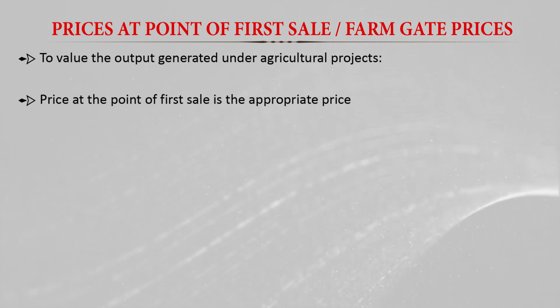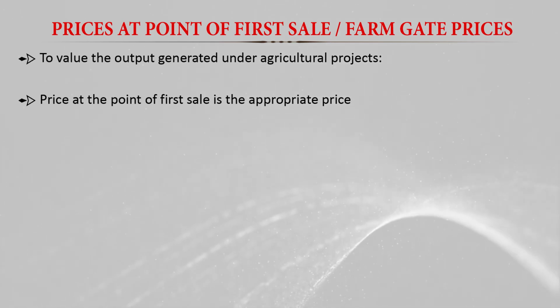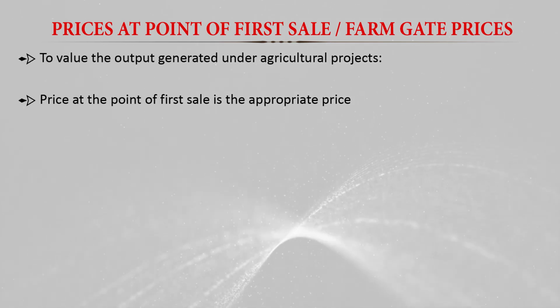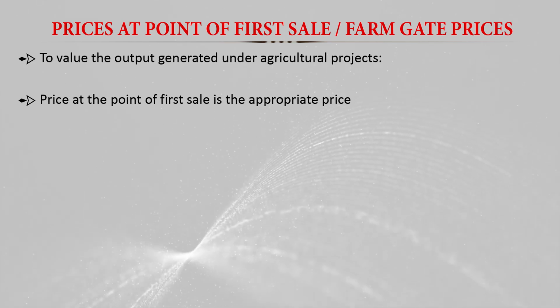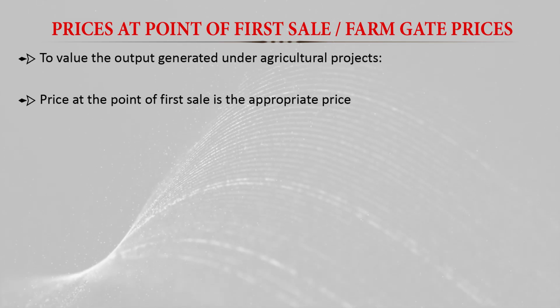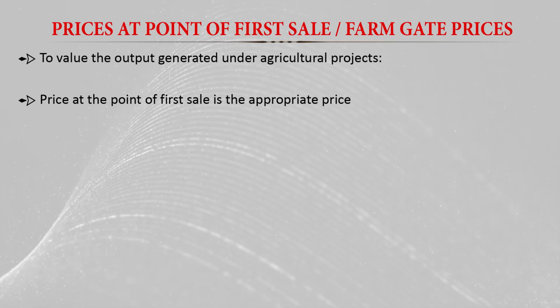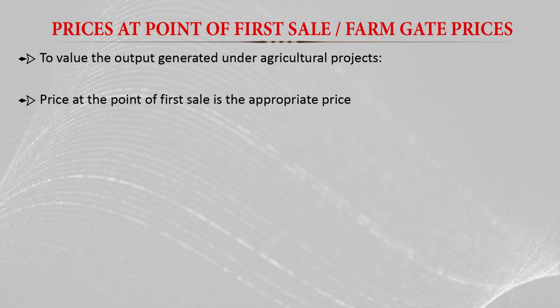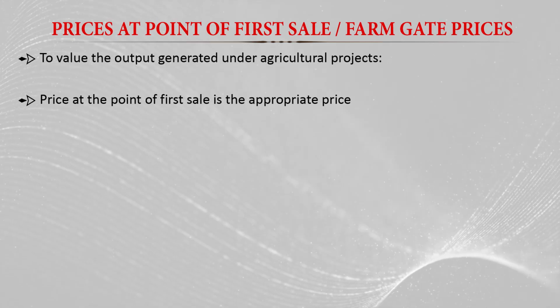So we will understand how the prices at the point of first sale are the correct prices. That is also called the farm gate prices, the prices farmers get at their field level.